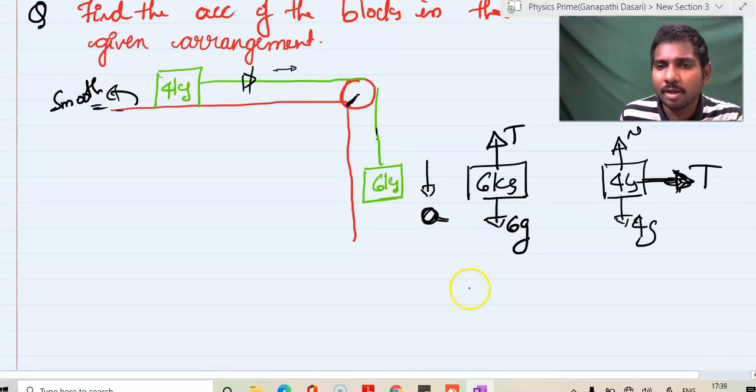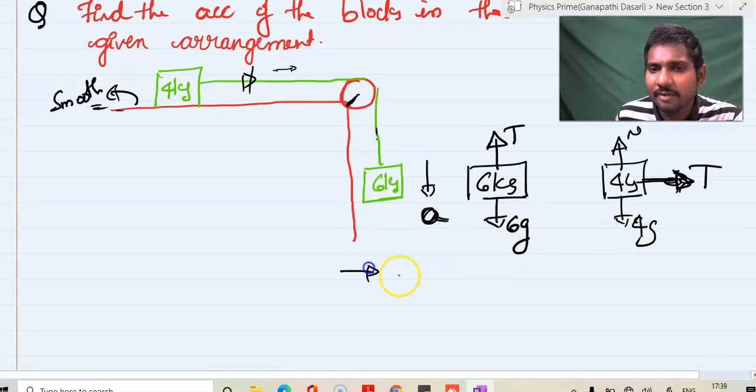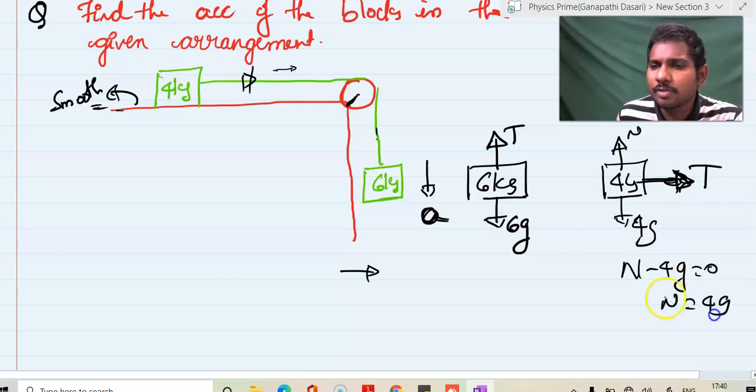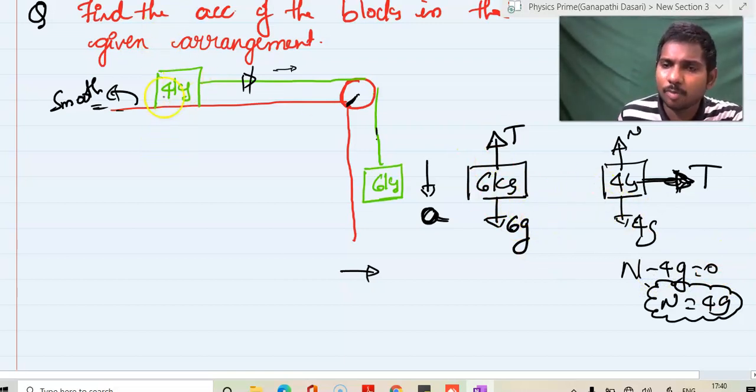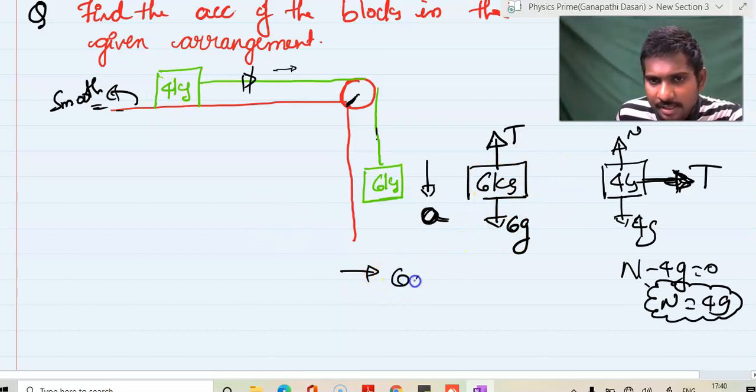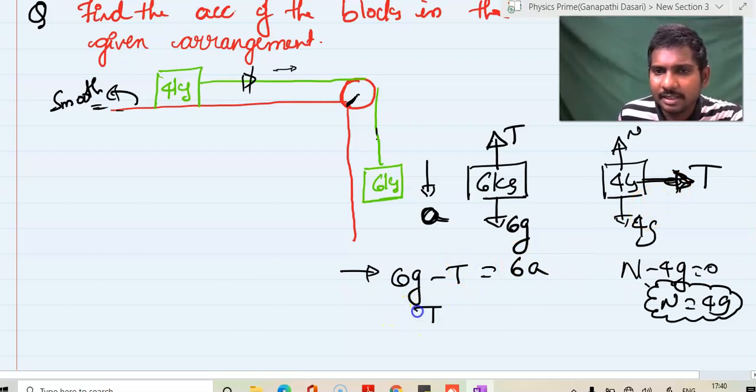If we solve the free body diagram by solving the equations, there is no vertical motion for this block. That means N minus 4g is equal to 0, so N is equal to 40, which is not an important point considering the given arrangement. Now the equations: 6g minus T is equal to 6a, and similarly T, with no backward force, is equal to 4a.